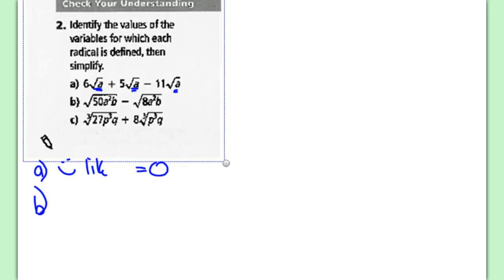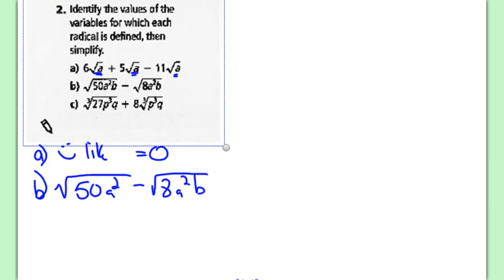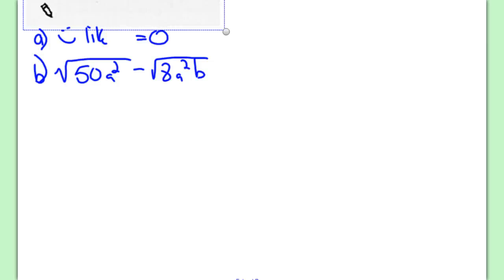In question B, though, we have the square root of 50 a squared b minus the square root of 8 a squared b. All right? So when I look at this, I go, okay, well, I have to reduce this. So first thing I do is say, well, I know how this works. These are square roots, so perfect squares.